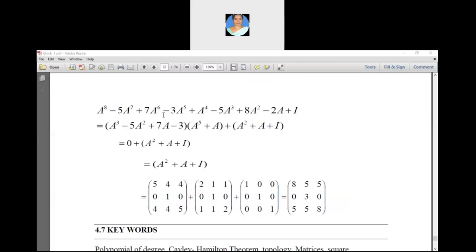So you substitute in this place, we get 0 plus A square plus A plus I. Already we know the A square matrix, the A matrix and the identity matrix. You substitute in this equation, you simplify this matrix and we get our final result: 855, 0, 30, 558.